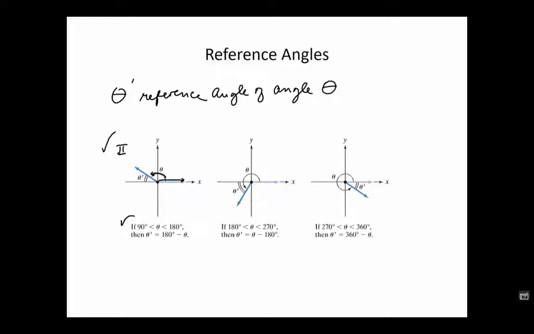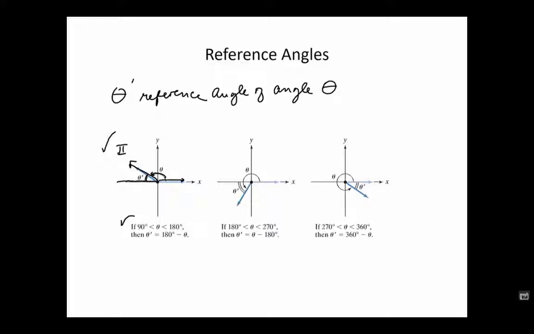So the reference angle is this angle. It's formed by the x-axis and the terminal side of the angle theta. So to get this part here, it's just a matter of what? This is 180 minus theta. So that will give us the measure of theta prime if theta lies in quadrant 2.